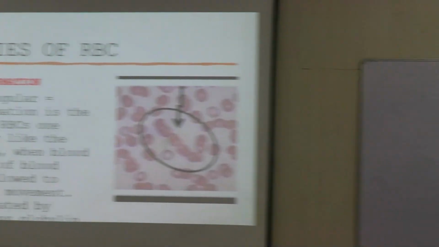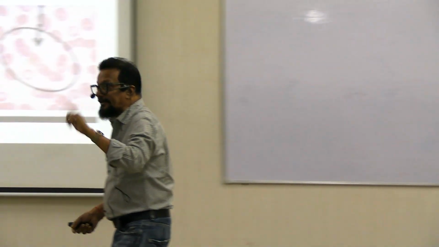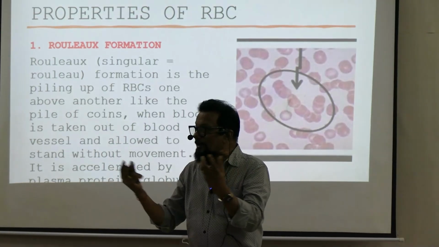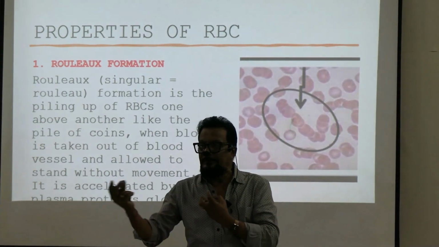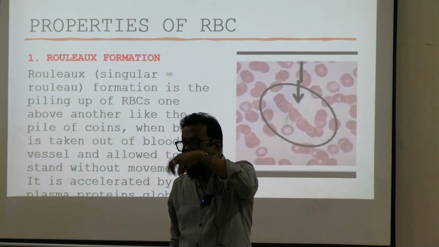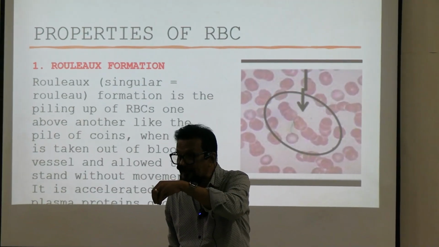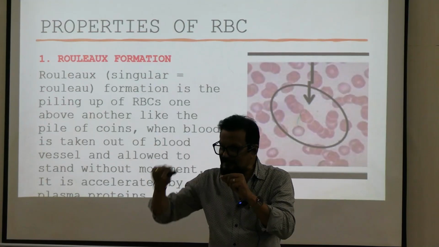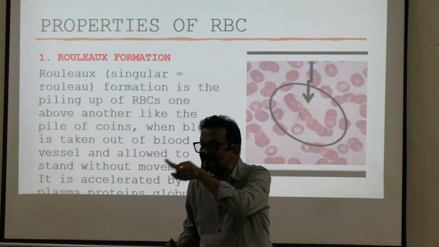A question can be asked: what is rouleaux formation? All the RBC surfaces are negatively charged, so the RBCs repel each other. Now, if there is more fibrinogen, it attaches to the RBC surface membrane and minimizes this charge.